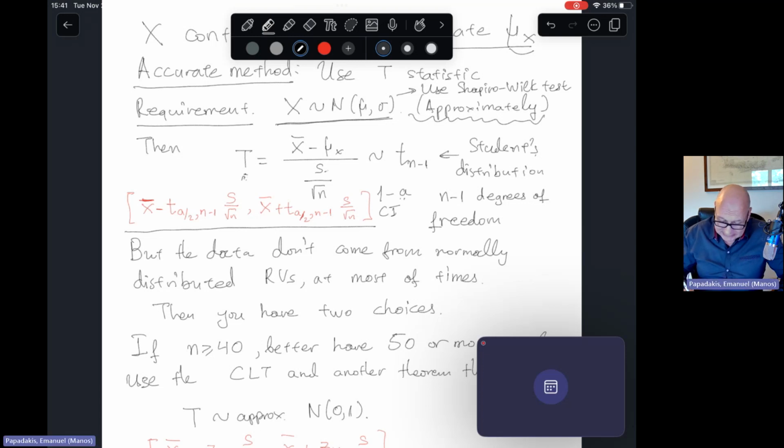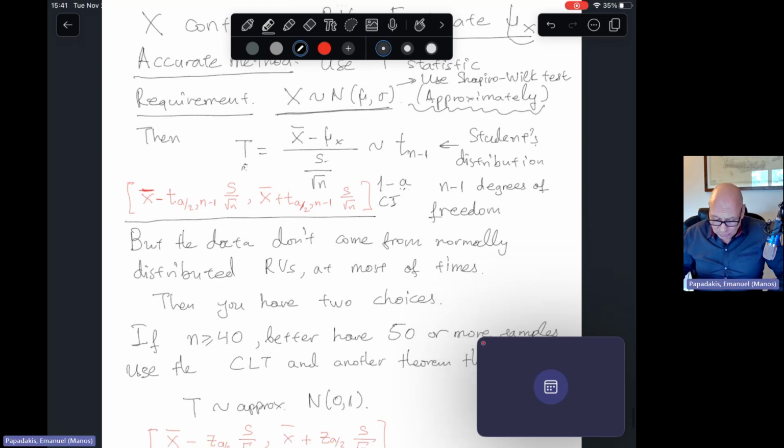This alpha is the Greek letter alpha. It's like the English A, not different. It takes values which are 0.01, 0.05, and 0.1 typically. Most typically we use 0.05, and then you will have the 95% confidence interval.